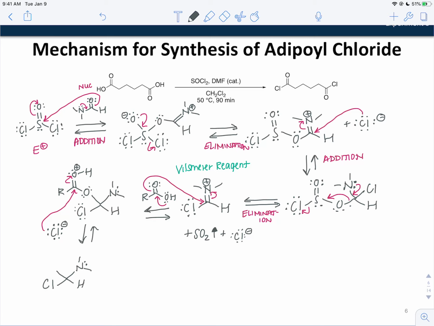And we're going to want to draw this in a very specific kind of way to make it look nice for our mechanism. So I'm going to go ahead and take my time to make sure that I get this drawn exactly the way that I want it.